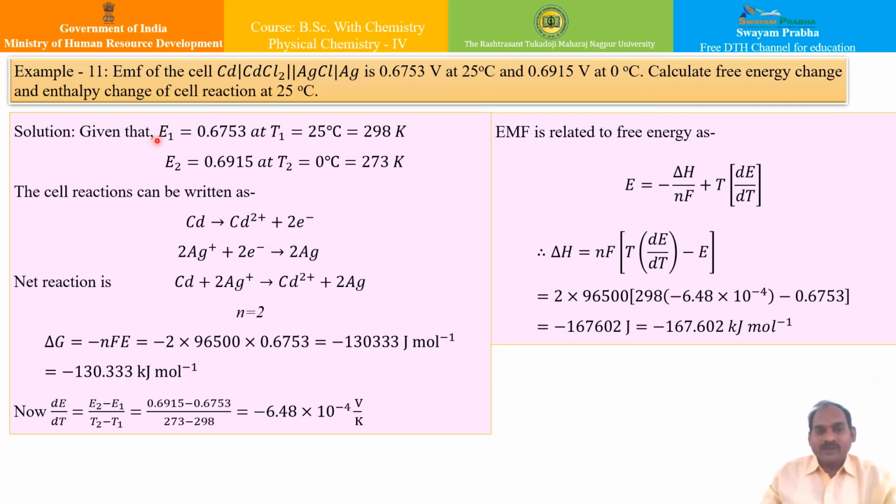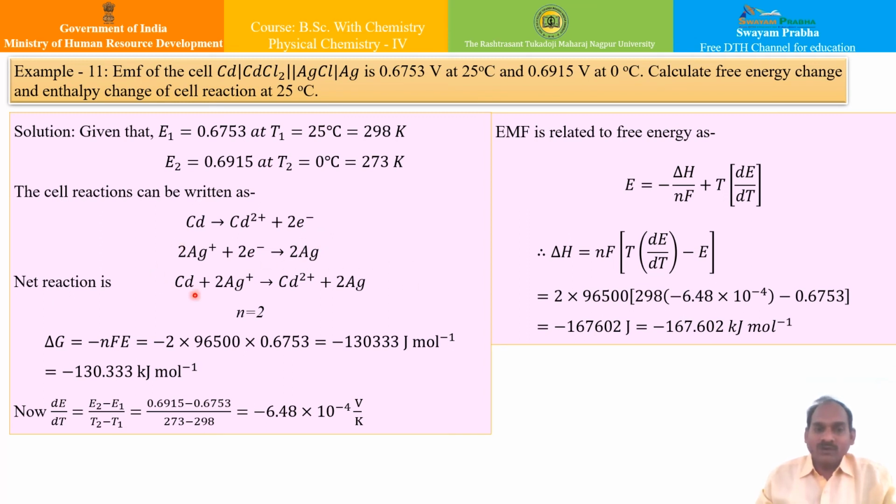Now calculate the free energy change and enthalpy change of the cell reaction at 25 degrees centigrade. So we have been provided with two EMFs at different temperatures. EMF E1 is equal to 0.6753 at 25 degrees centigrade, that is 298 K, and the other EMF is 0.6915 at 0 degrees centigrade, that is 273 K. The cell reactions can be obtained: at the anode cadmium gives cadmium ions, releasing two electrons. These two electrons are absorbed at the cathode by silver ions, and silver is liberated at the cathode.